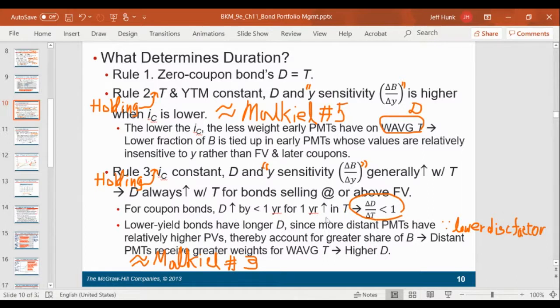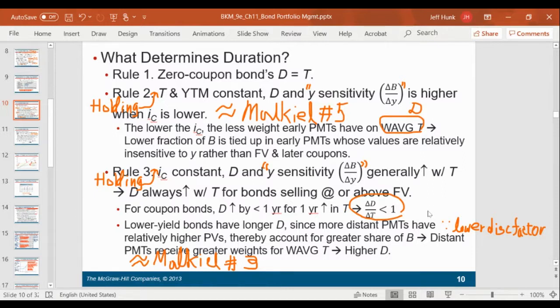So that's basically that. Duration always increases with maturity for bonds selling at or above face value, especially the premium bonds, right?